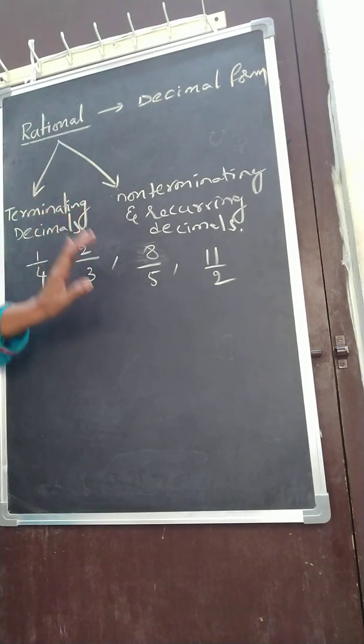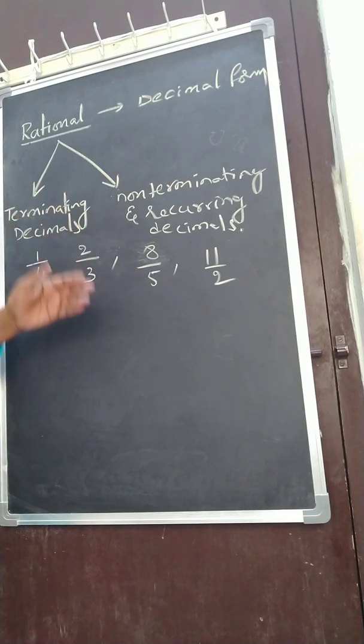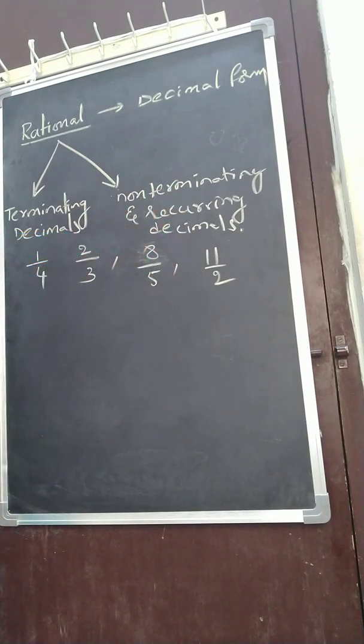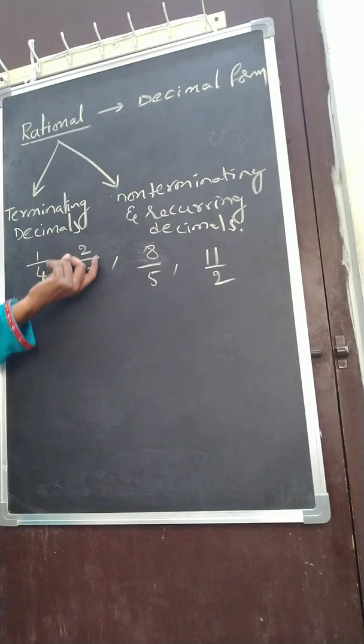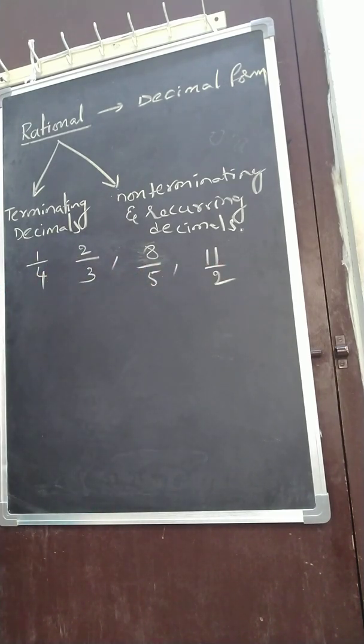In some fractions the division does not end and the quotient repeats the same number continuously. Such fractions are called non-terminating and recurring decimals. Let us check which are which.